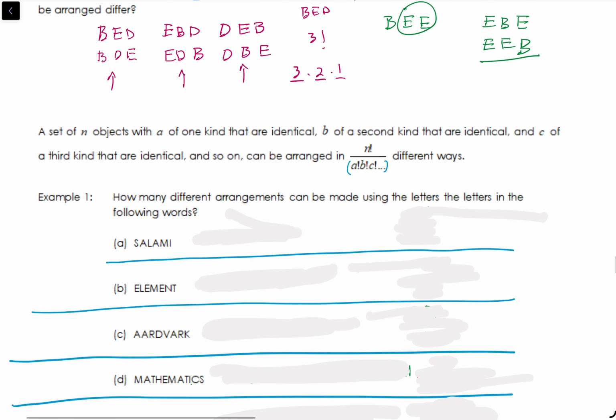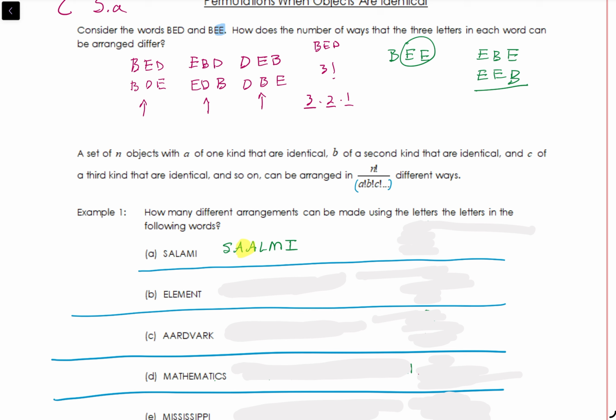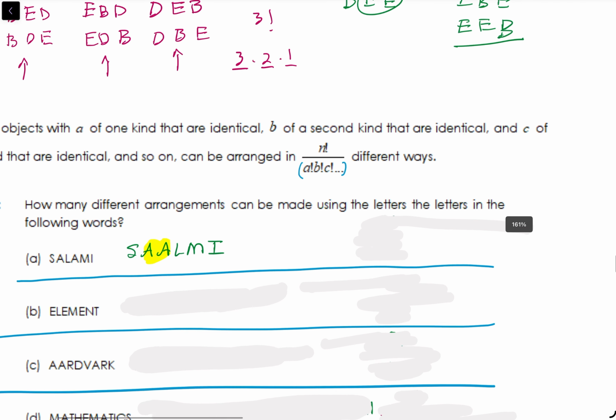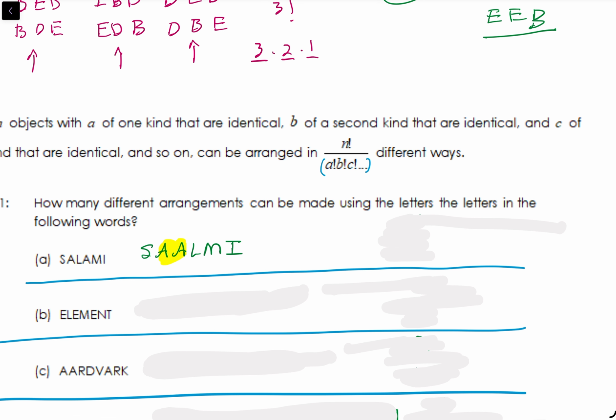The word salami. Probably the first thing I'm going to do is decompose the word salami. I'm going to put the S first, I'm going to put the A's together, then L, M, I. I just put anything that was identical close together. And what I can see is that there are 2 A's side by side. Now, how many ways are there to arrange the letters of salami?